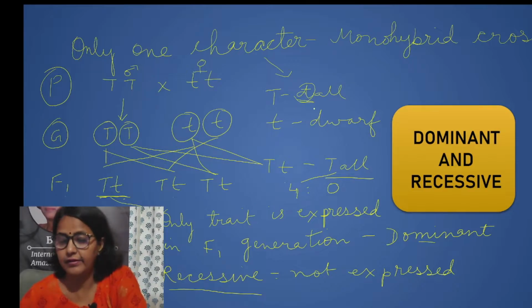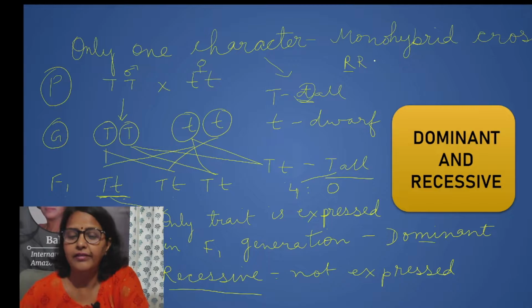Let us take one more example. Round. When I am writing capital R, that means round is dominant. Wrinkled will be small r. Wrinkled is recessive.